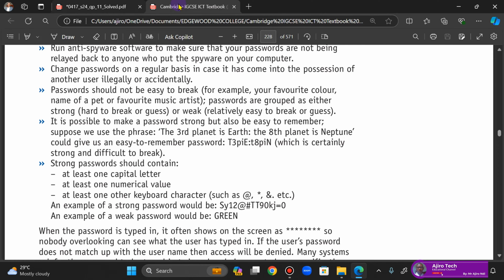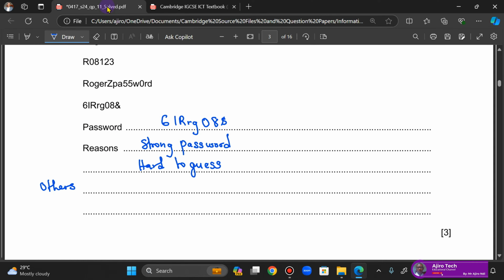Not directly related to personal details. That's very important, and it's not in any sequence.